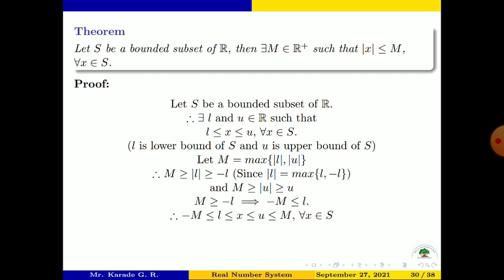Now finally, what we have is x greater than or equal to L, x less than or equal to U, but L is greater than or equal to minus M and U is less than or equal to M for all x belongs to S. This implies that x is greater than or equal to minus M and less than or equal to M for all x belongs to S, and finally we have mod x is less than or equal to M for all x belongs to S.